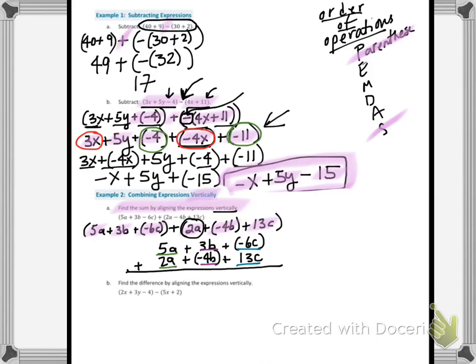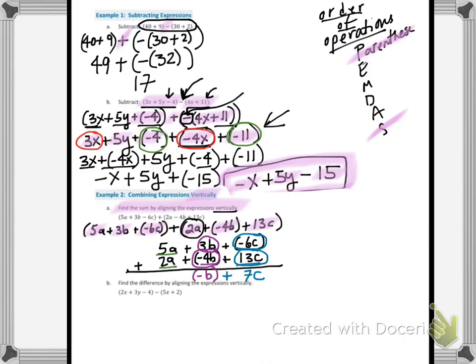So if I have a negative 6c and a positive 13c, I have a positive 7c. This is going to always stay plus here. And now if I have a positive 3b plus a negative 4b, that is a negative b, negative 1b.